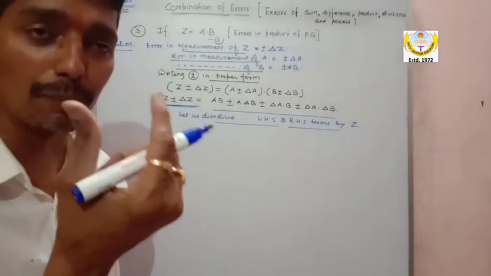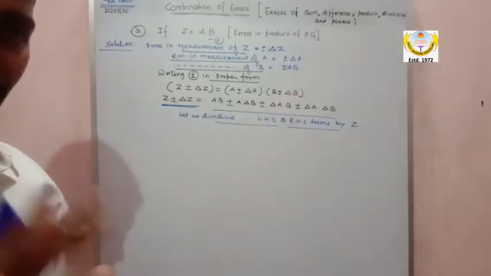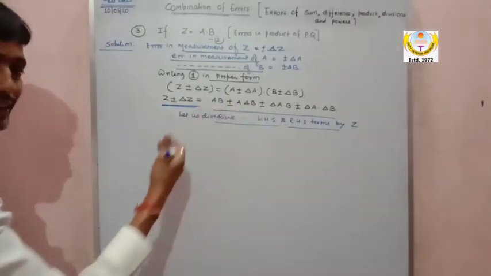The true value of the product of A and B is Z, my dear. I have divided by Z. See what I am getting, what the theory says.